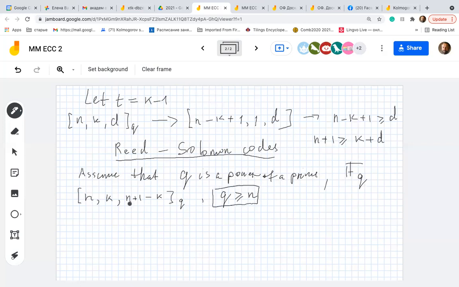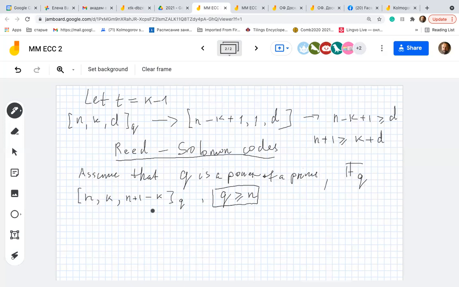So for every n, k, and Q satisfying these constraints, that is that Q is a power of a prime and Q is at least n, there is a code with these parameters, called Reed-Solomon code.